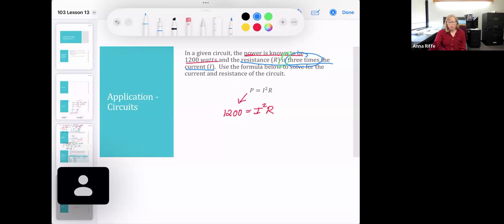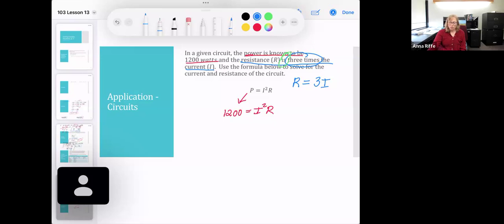So we could write in an equation here, resistance R is, or equals, 3 times the current, I. So we have a relationship between those two variables, R and I. I think last time we were just directly given this relationship. Here we have to come up with that relationship ourselves.